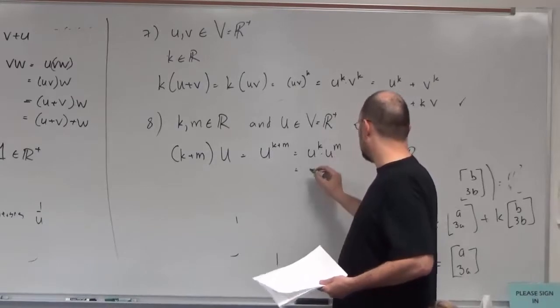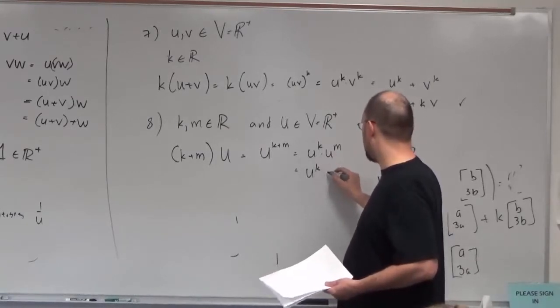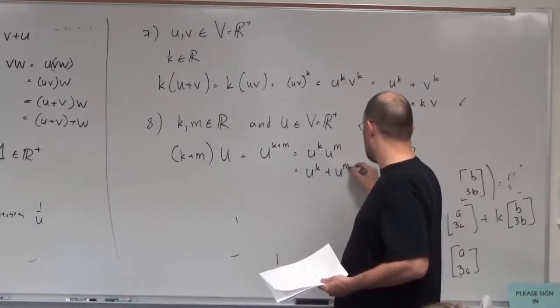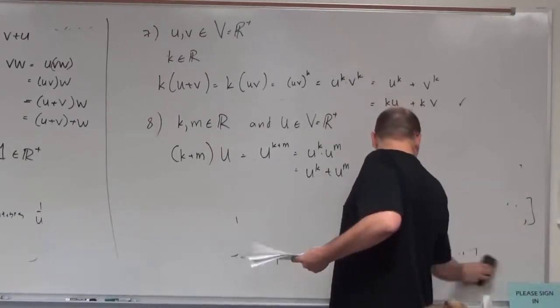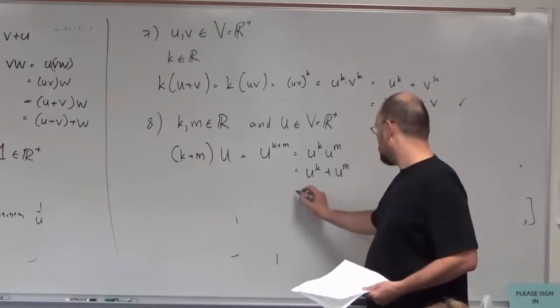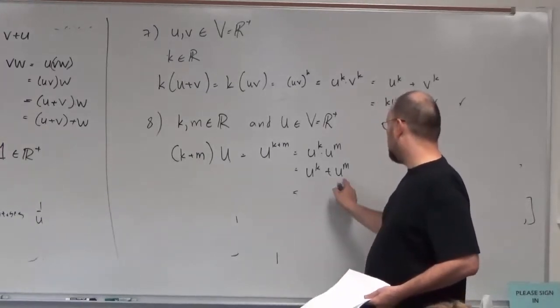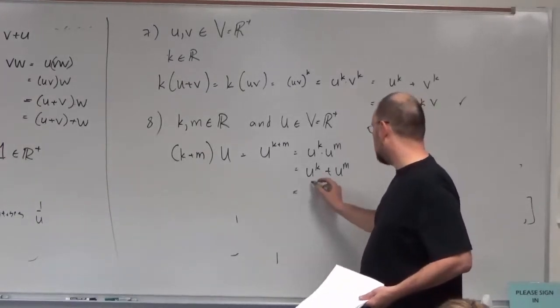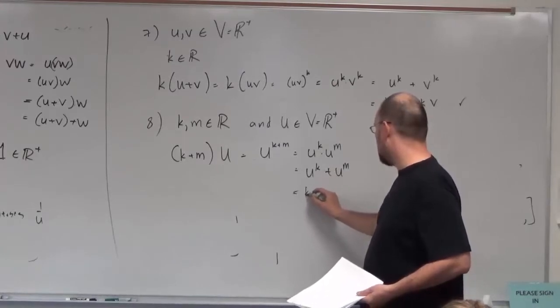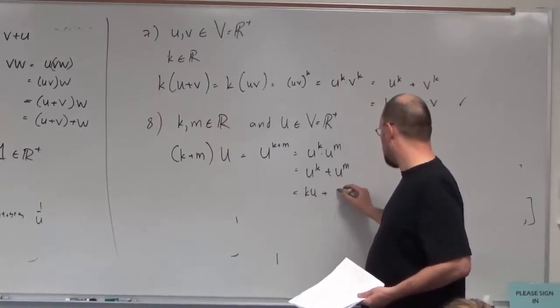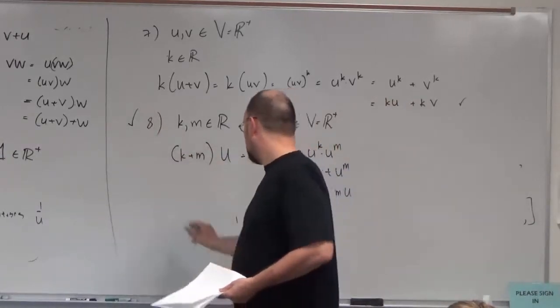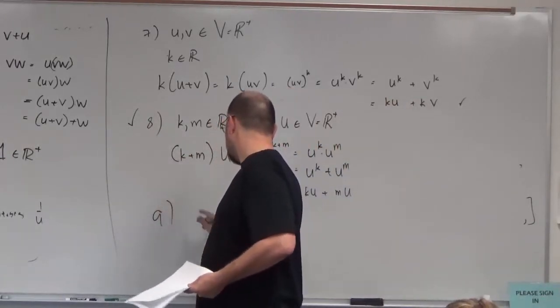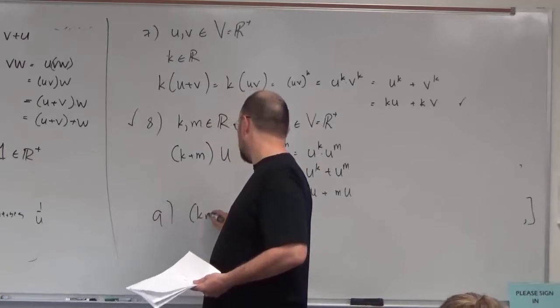And this product is how we define addition. And this is u to the k scaled, so the others will too. So take any two scalars.